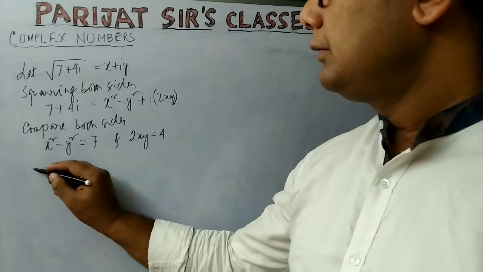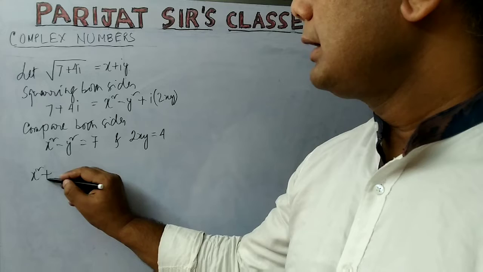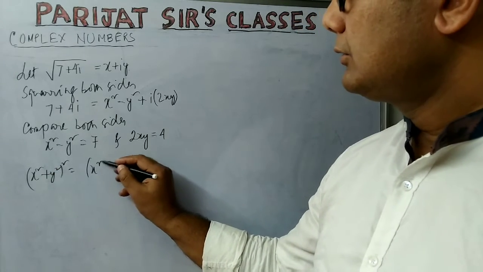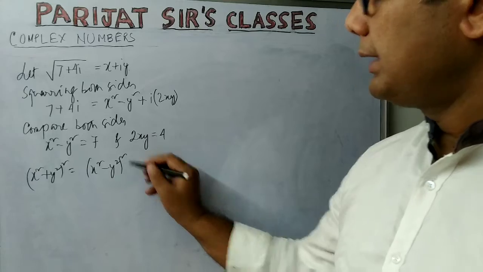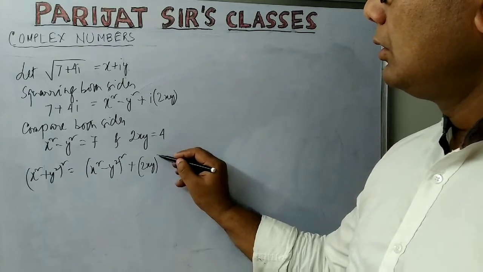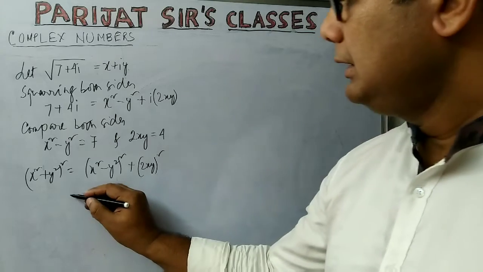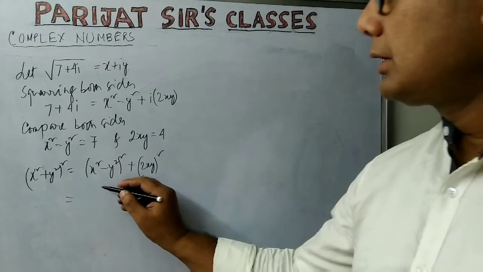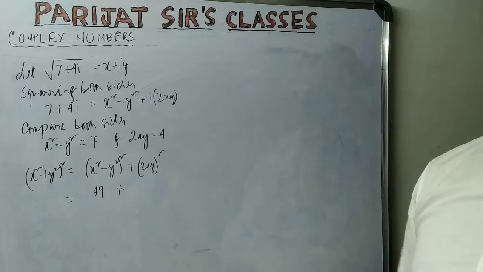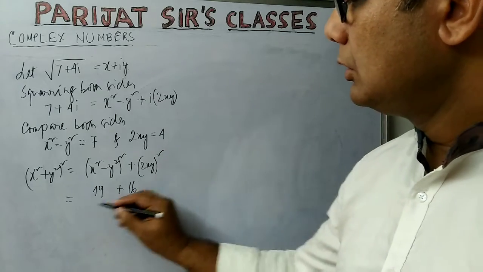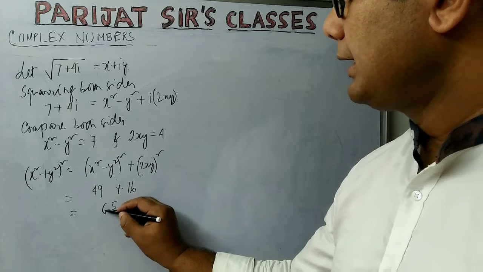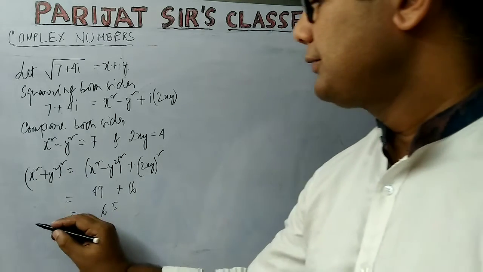Now let us apply the formula which I showed you. x square plus y square whole square, I can write it as x square minus y square whole square plus 2xy whole square. So now let's see. x square minus y square, I already know is 7, so it is 49, plus 2xy I know is 4, so it is 16. So that means it is coming out to be 65.